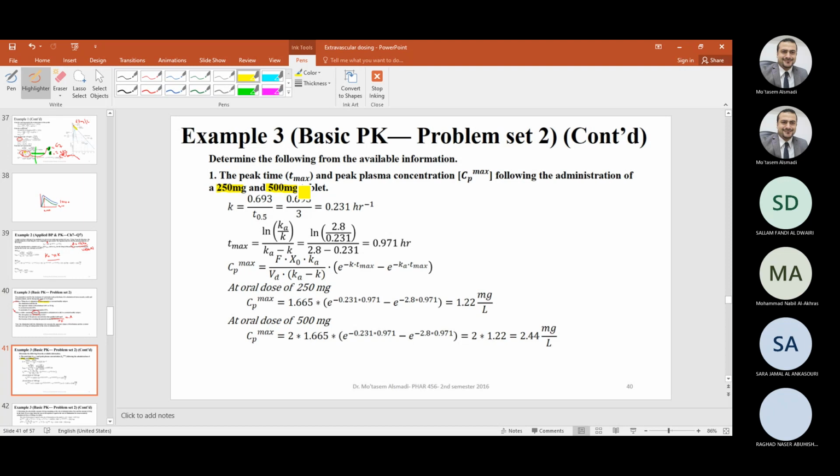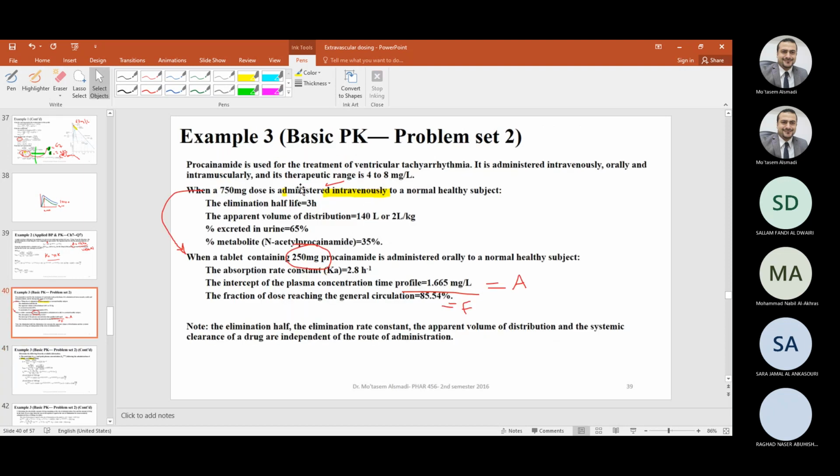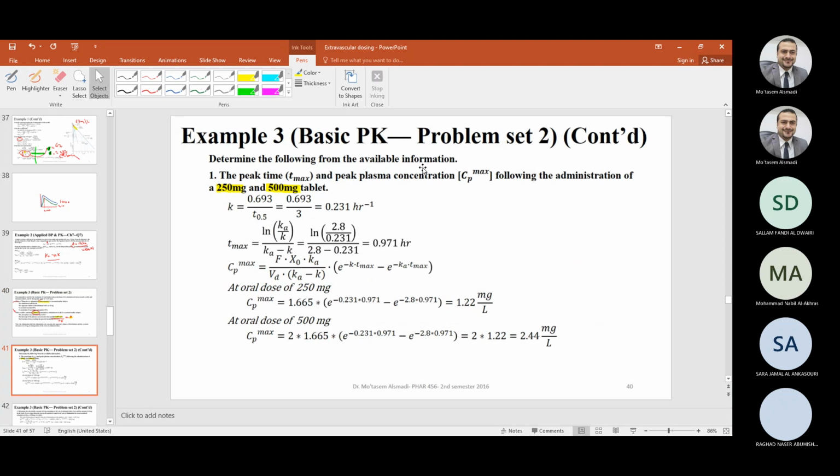The CP max after a dose of 250 milligrams. And the other thing, the question told us that the A, the capital A, is equal to 1.665. This is at the dose of 250. So we know that this whole thing here at the dose of 250 is equal to 1.665, right?